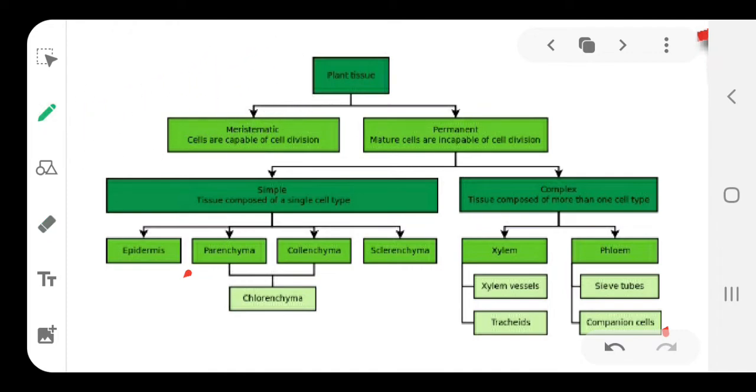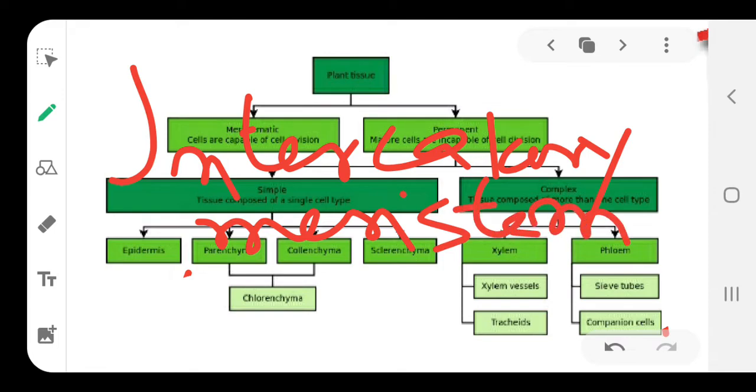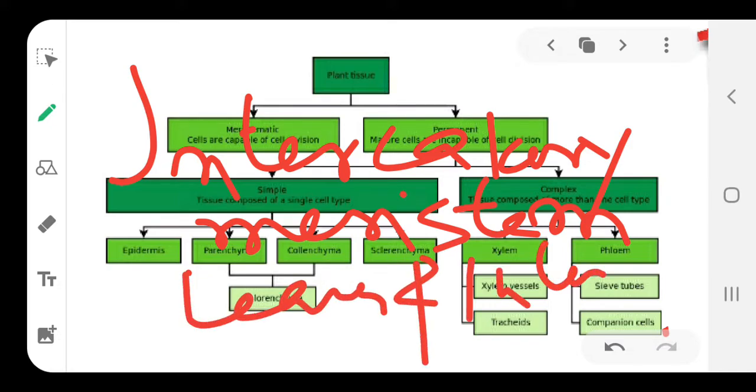The second part is called intercalary meristem. This part of the meristematic tissue is found at the base of the leaves and internodes.